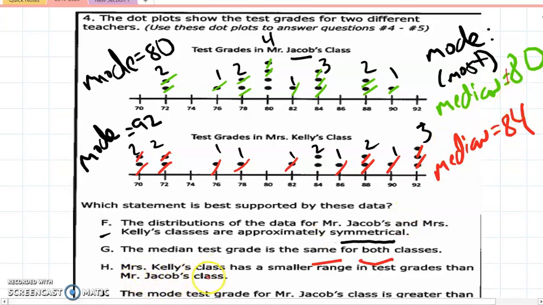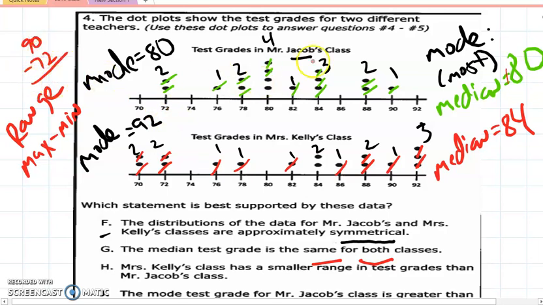We forgot the range. So how do you find the range? You subtract. Range is the max minus the minimum. So what's the range for Mr. Jacob? Well, 90 minus 72, so the range is equal to 18.